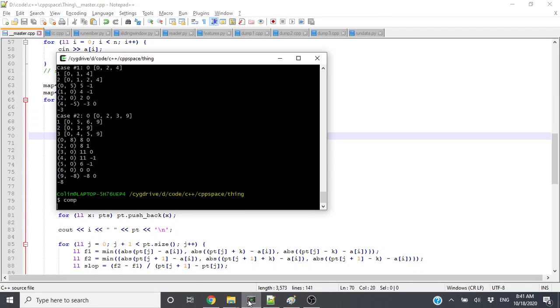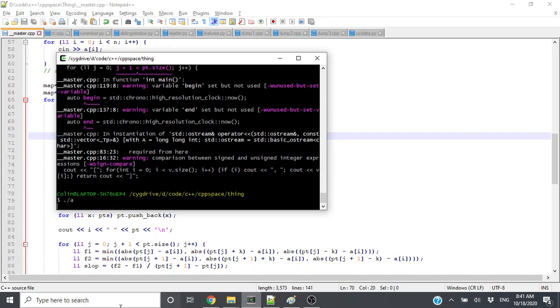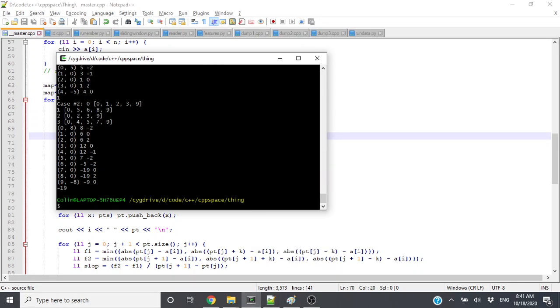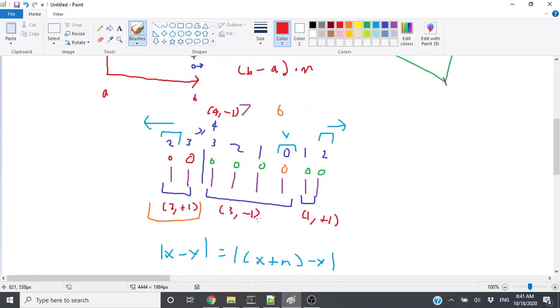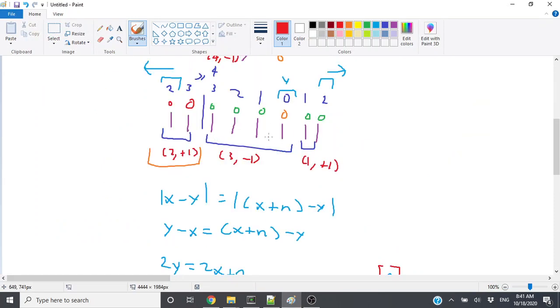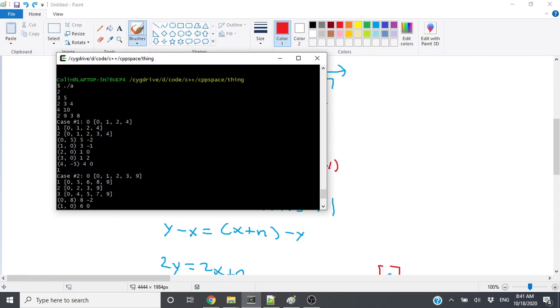Whoops. Because that's the point where it stops going up and then starts going down, or it starts going down and then starts going up again. Okay, so 0, 1, 2, 4.